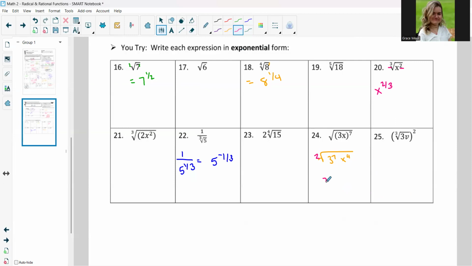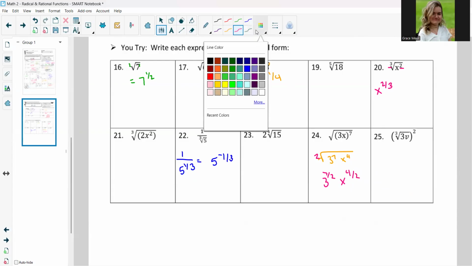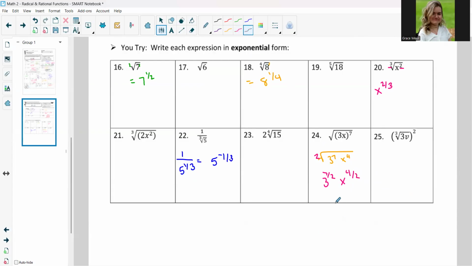So this is going to be 3 to the 7/2, and then x to the 4 over 2, which we could simplify to be a whole number, which would be 3 to the 7/2, and then x to the 2nd power, because 4 divided by 2 is 2.